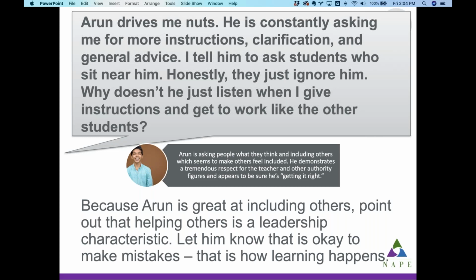He's wanting to include others, so he's really seeking that collaborative nature, and that's part of his value system. And so we want to make sure that we're helping him in that. We could respond and say, because Arun is great at including others, point out that helping others is a leadership characteristic, and then let him know that it's okay to make mistakes, and that is how learning happens. So those are some of the responses that you could offer to him.